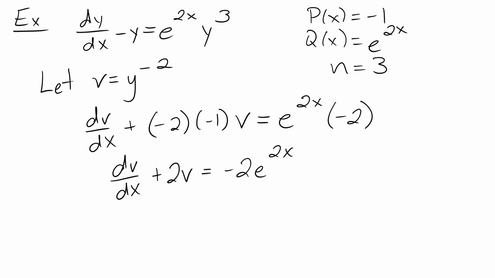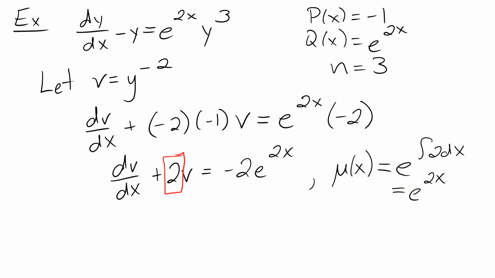This is now linear. So to solve it, I need to find my integrating factor. So that's e to the integral of my new p of x. Well, my new p of x is what's in front of v, which in this case is just 2. So my mu is e to the 2x.